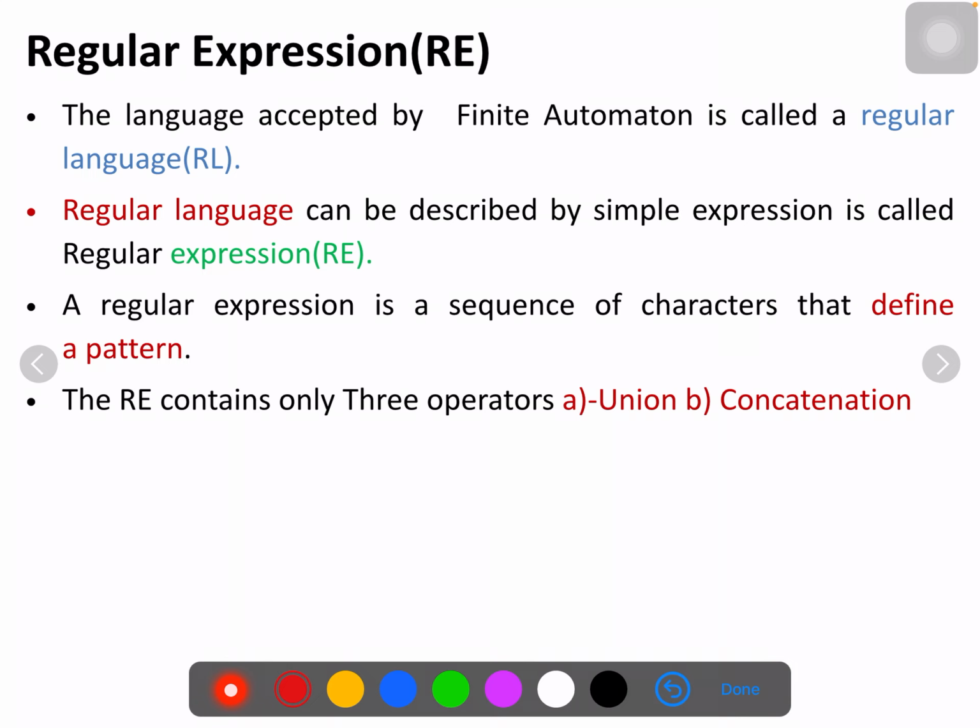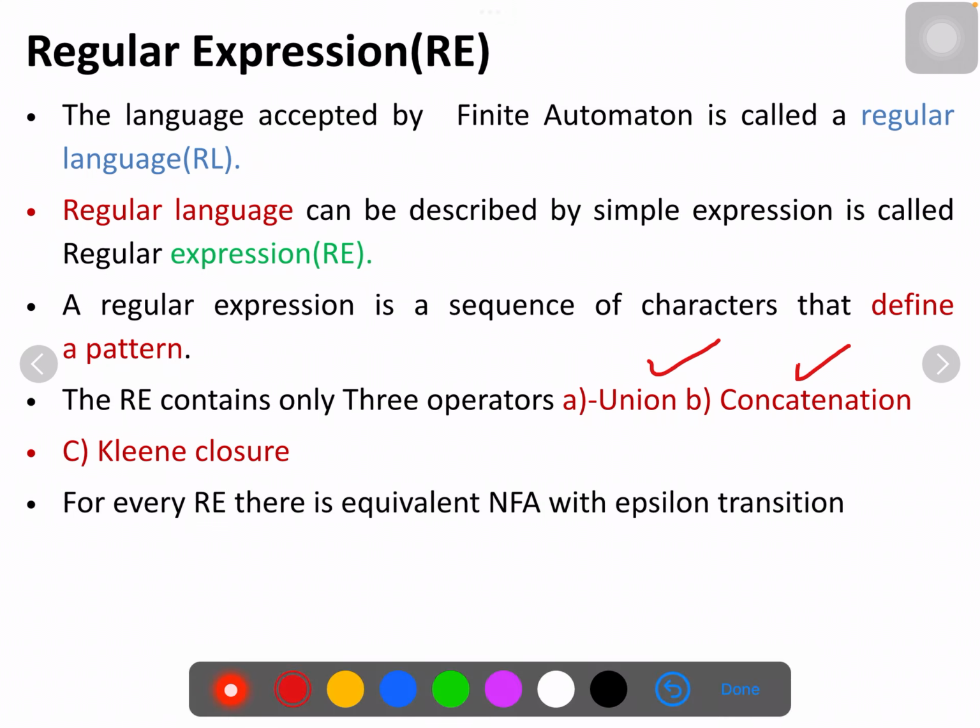This regular expression is a sequence of characters that defines a pattern, right? It contains some operators. What are these three operators? Union, concatenation, and Kleene closure. These three operators play an important role in RE.